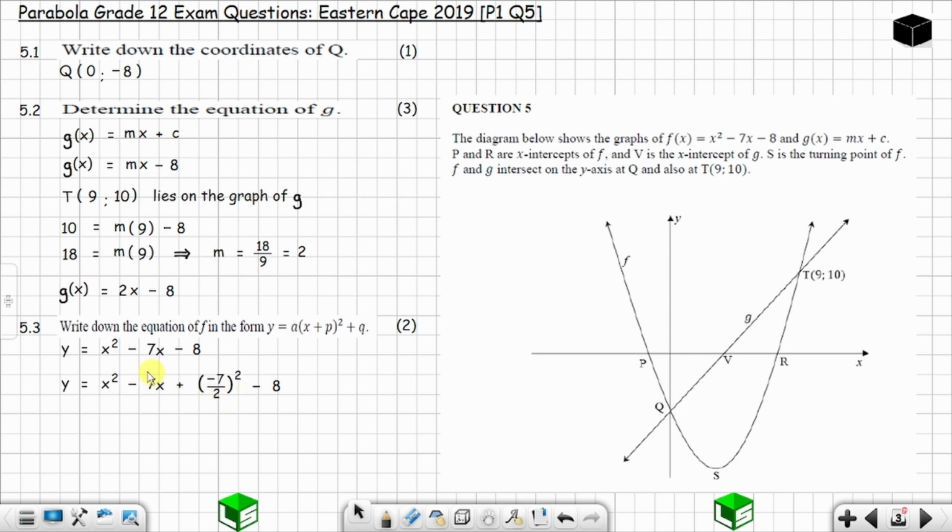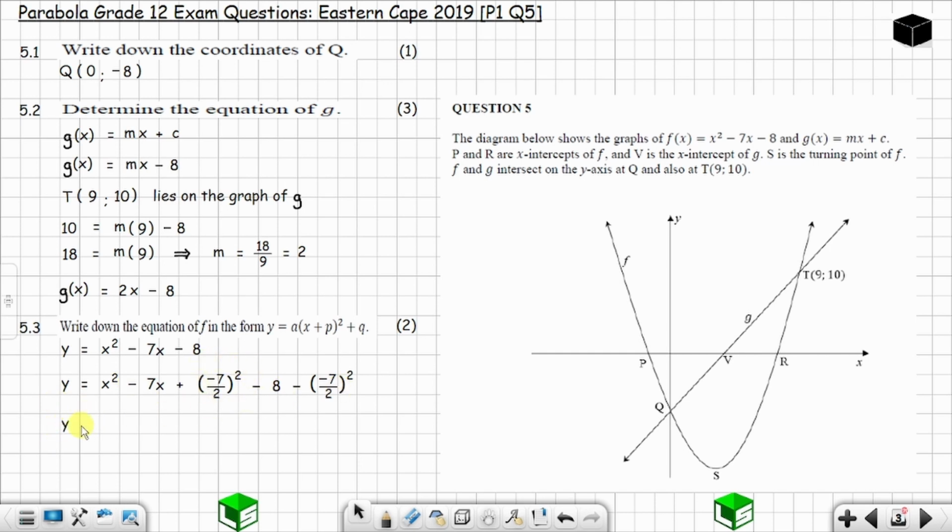You take this coefficient, divide it by 2 and square. Whatever you add there, you must also subtract so that you don't change anything. So you add and then subtract the same number. And we carry on.